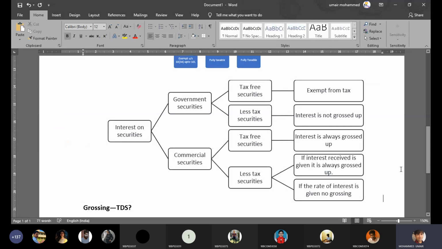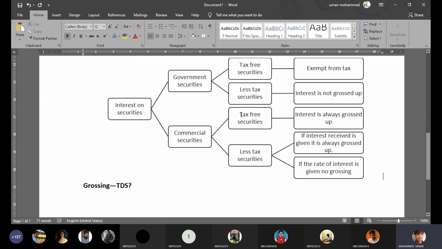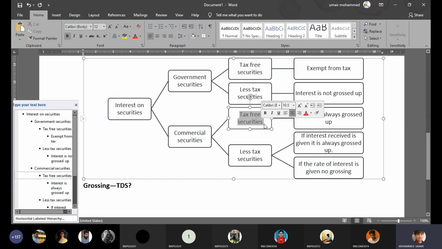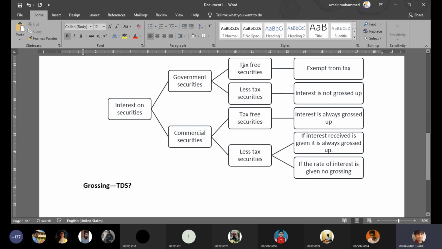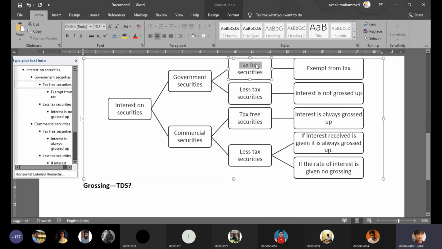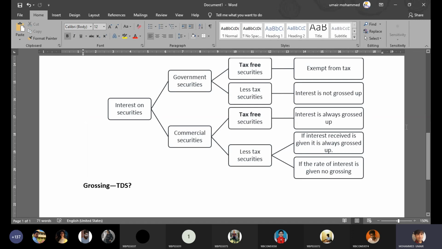So in commercial securities also you have two variants. One is called tax-free securities. But the word tax-free is different here and here. So that is where you have to pay attention and try understanding.